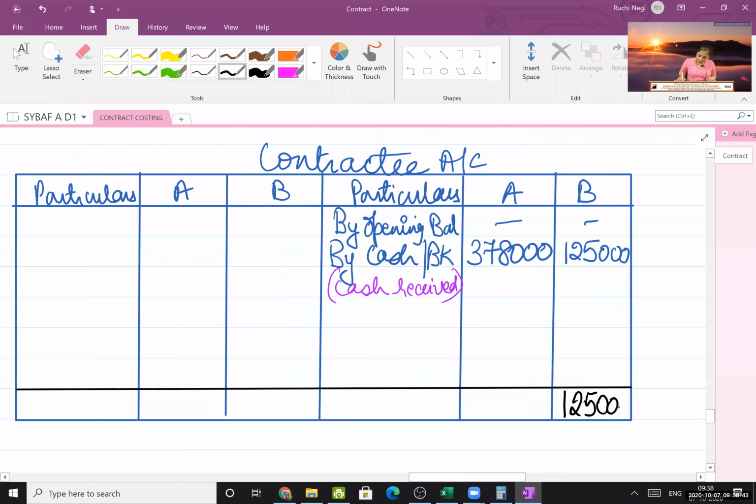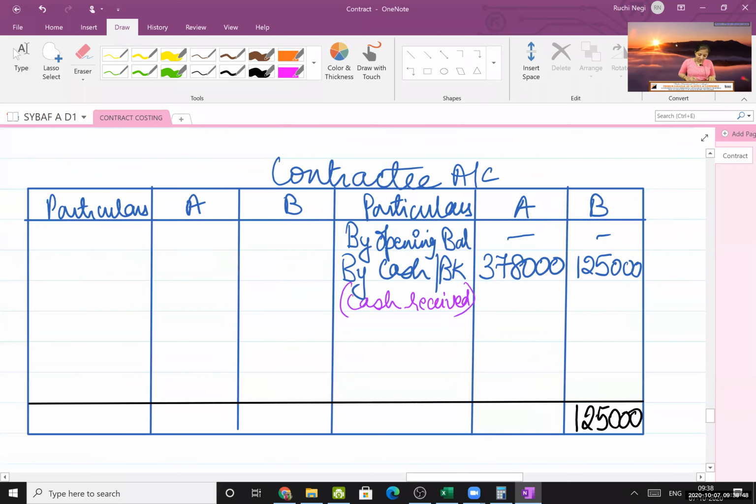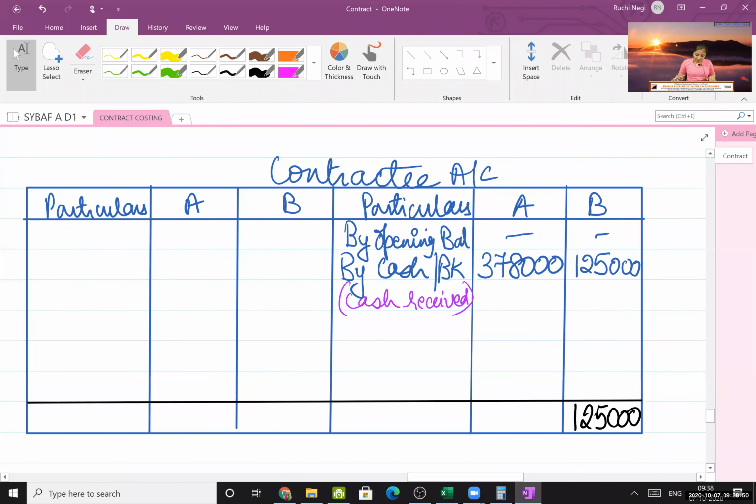So there is a journal entry for cash received by the contractee. I mean the contractor. The contractee pays it. We are recording journal entries. We are making ledgers in the books of the construction company, the contractor. For them, it is cash received. The money comes in: cash bank debit to contractee account. Close the ledger.